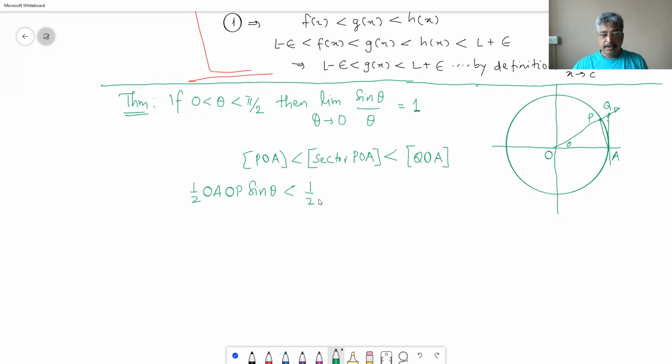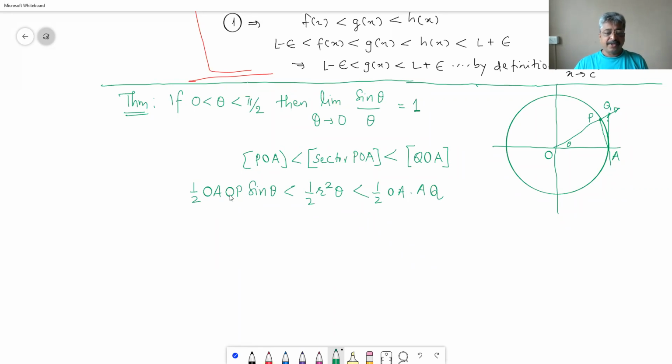R is 1, so half theta. And the area of triangle QAO is half into OA into QA, right?